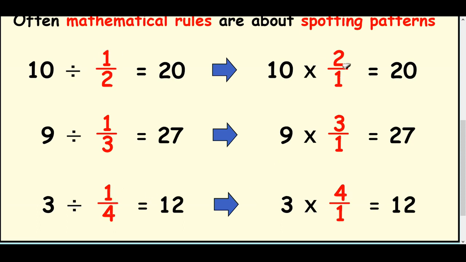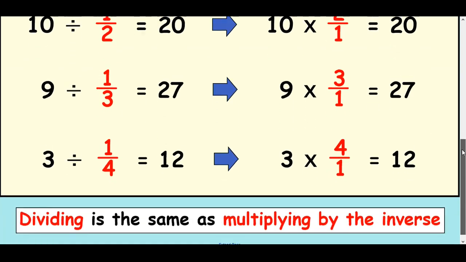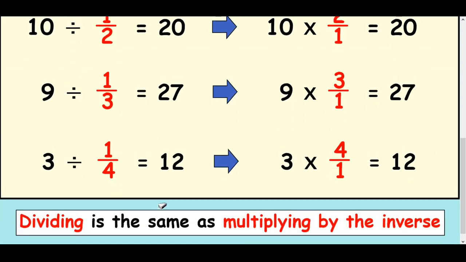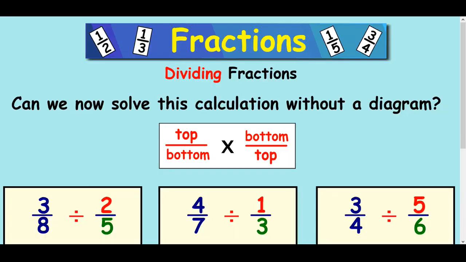From 1 over 2 it's going to 2 over 1, from 1 over 3 it's going to 3 over 1, and we're multiplying, and it gets us the same answer. So that's the rule for dividing by fractions. It's the same as multiplying by the inverse. The inverse is a flipped version of the fraction.